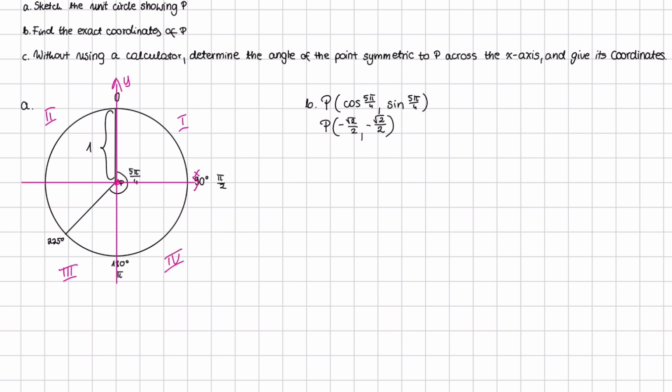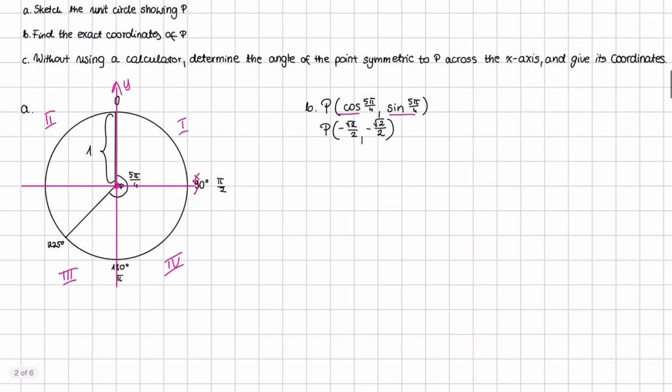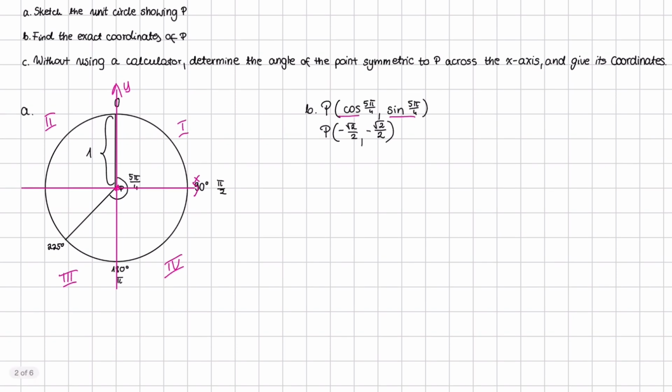So you have to remember that, and here we only concentrate on cosine and sine because we have only these functions in this problem. So in the first quadrant, both cosine and sine, they are positive.